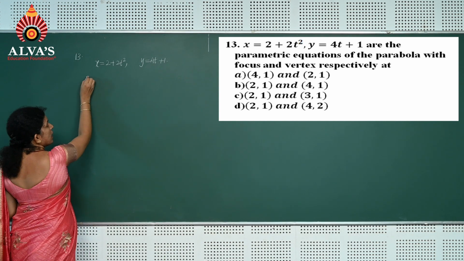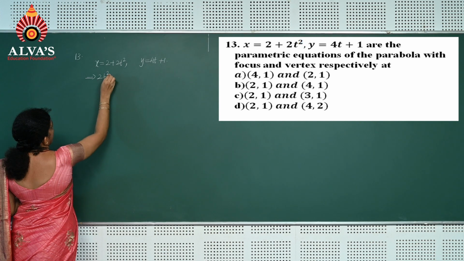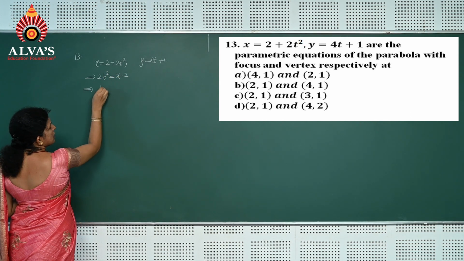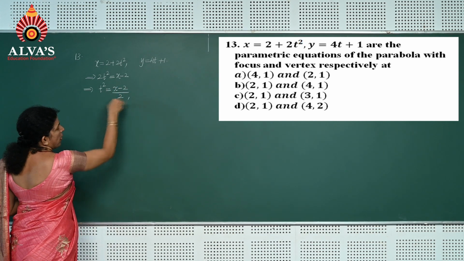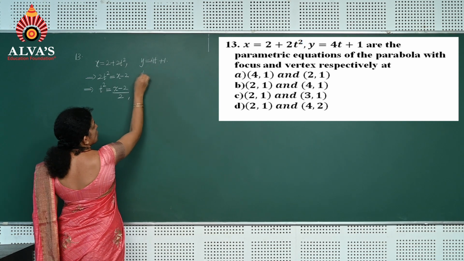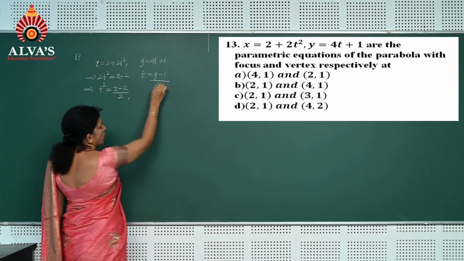I am rewriting these parametric equations. 2t square equal to x minus 2, so that t square equal to (x minus 2) by 2. And from the other one, y equal to 4t plus 1, so that t equal to (y minus 1) by 4.